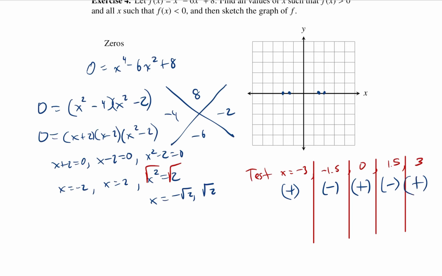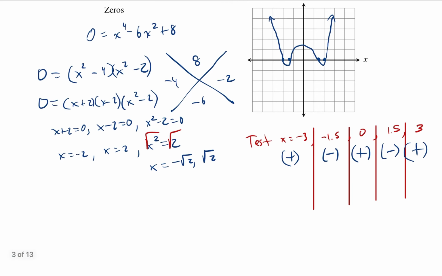So it looks like the graph goes positive to negative, positive to negative, back to positive. So it's going to look like a W. And that's our function. And now we can state the intervals on which the function is positive. So that would be from -infinity to that point to the left, which was -2.